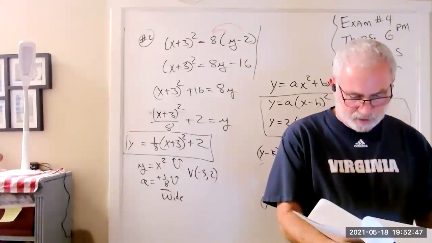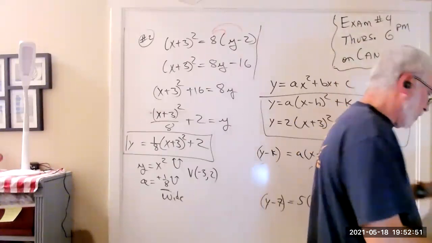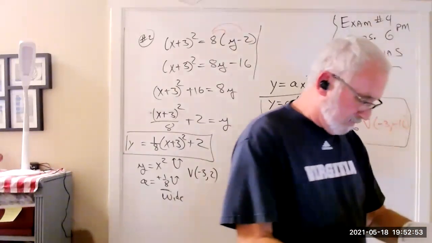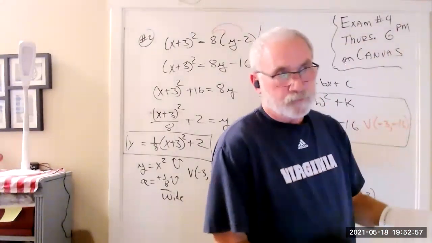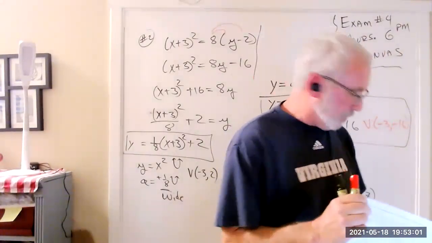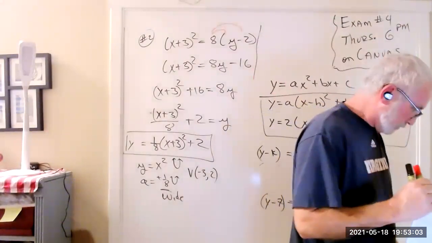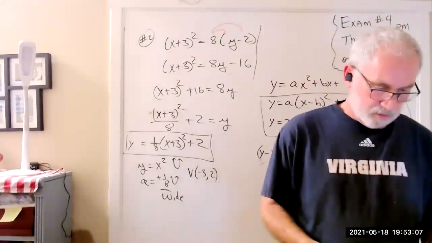Just 10 or 11 questions? Keeping in mind that some of these have multiple things, like problem number 10 has 3 parts to it. But this is your test, guys, right here. Pretty much 99% of it. So is there anything on there I can help you with?